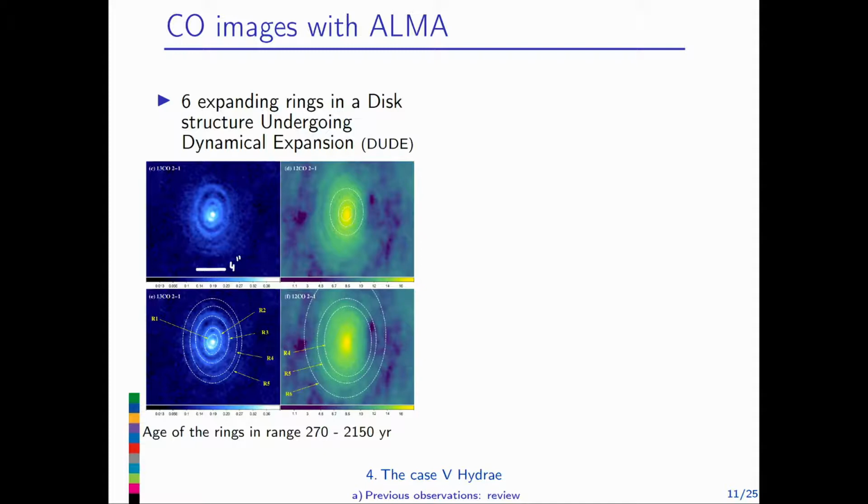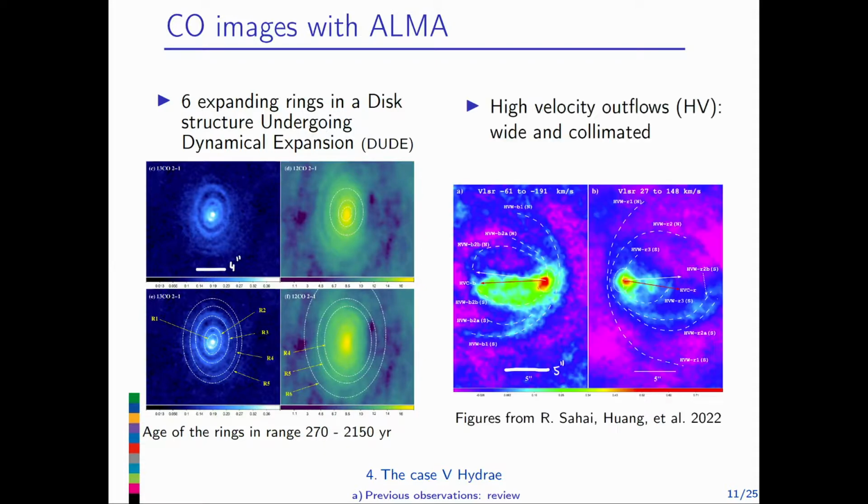Also, with this imaging, they could again see the presence of a high velocity outflow in the larger environment of the star. This diagram shows on the left panel the blue shifted velocity, and on the right panel the red shifted velocity.